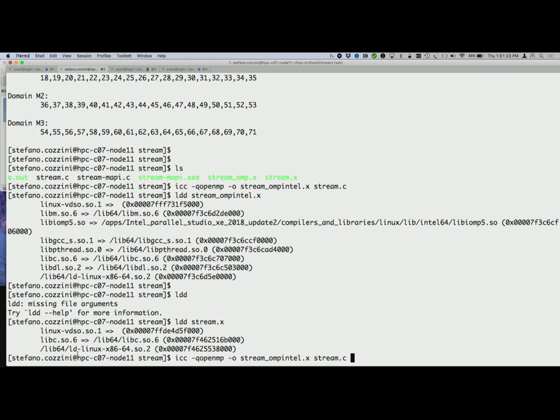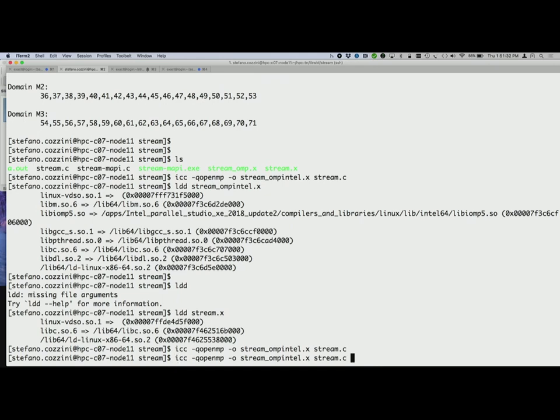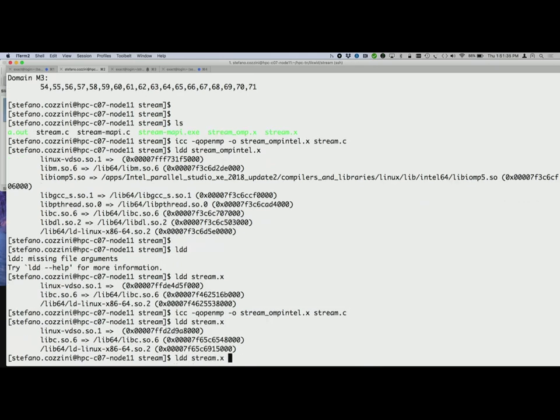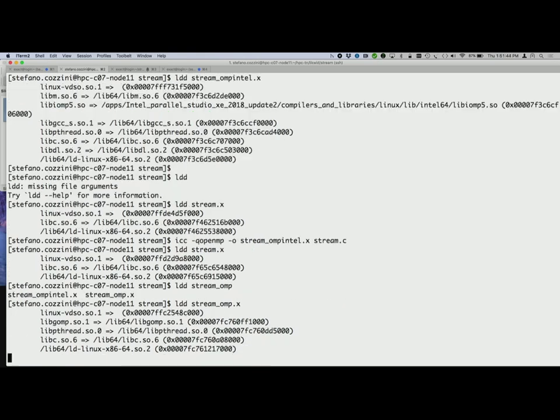It doesn't require any specific library, just the standard C library, and nothing more. Sorry, I made a mistake, but it's interesting to show you this.